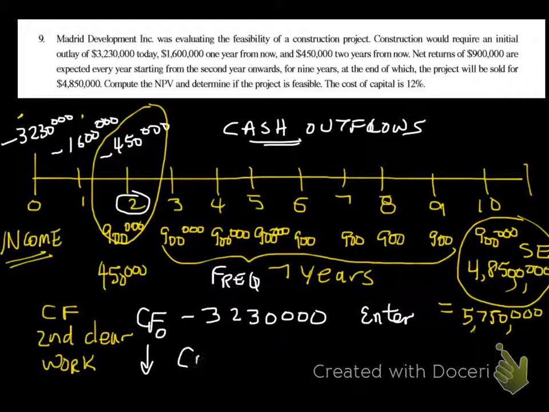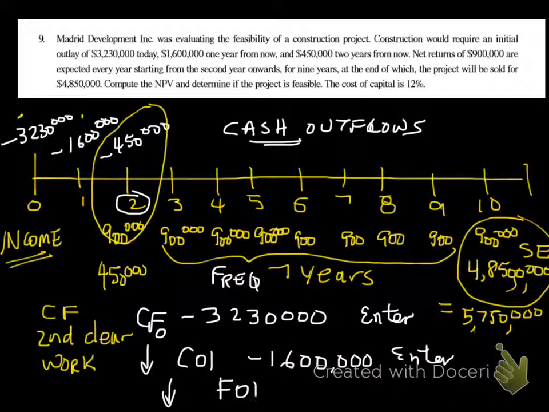C01 is your cash outflow for the first period. So for C01, what you're going to be entering in here is minus $1,600,000. Make sure that you press the enter key as well, and then press the down arrow button one more time.